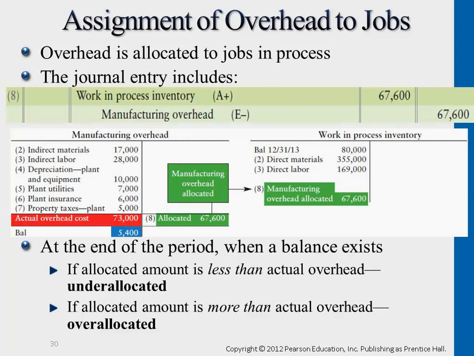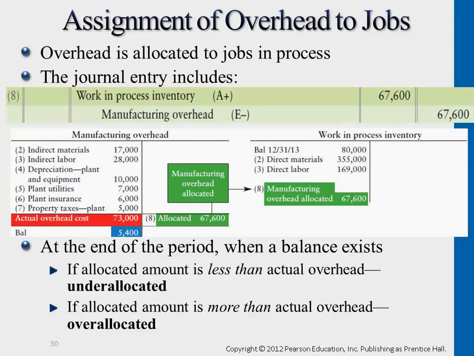So we list them out line by line, right? But the right-hand side, the green side, is a summary of all the indirect costs that we have been assigning to different jobs as time goes by. So when it reaches year end, based on the predetermined rate, we multiply by whatever machine hours actually incurred, and altogether we assigned this dollar amount to the jobs. But the actual amount that incurred in this year is $73,000.